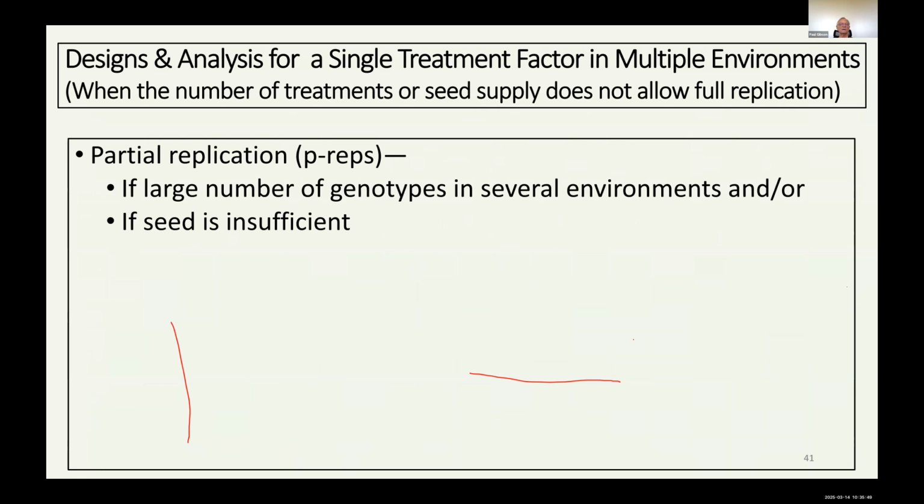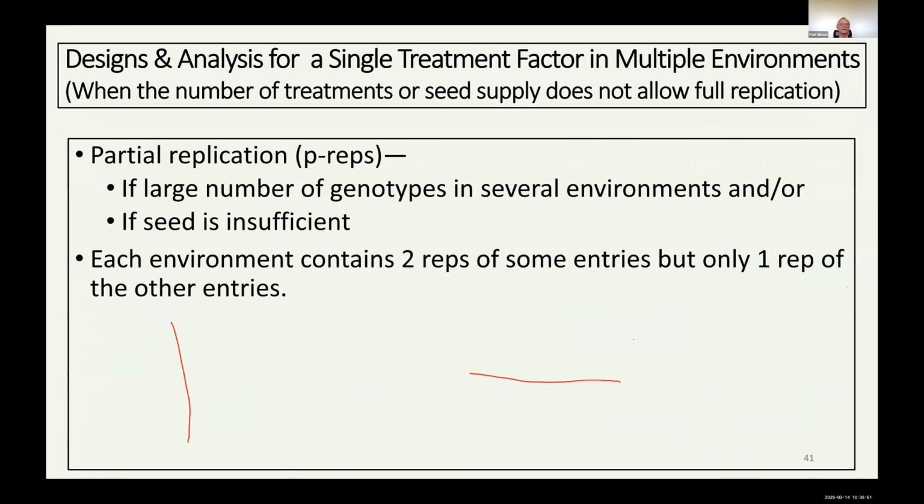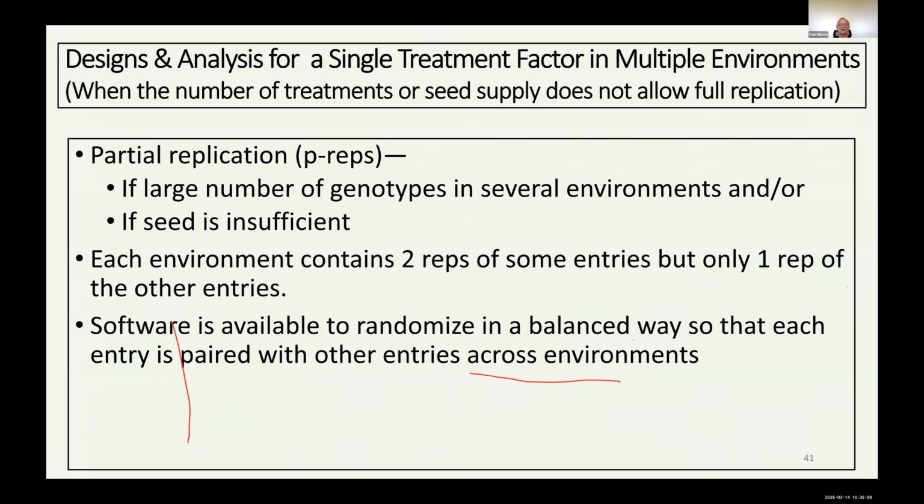Partial reps, and each environment contains 2 reps or even more of some entries, but only 1 rep of other entries. And software is available to handle that without a problem.